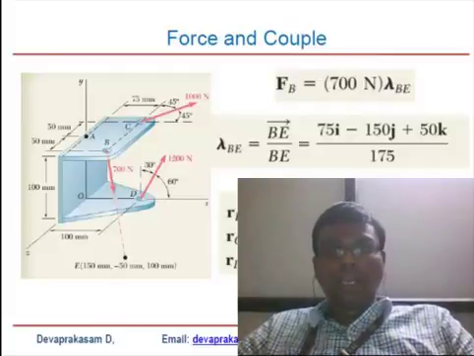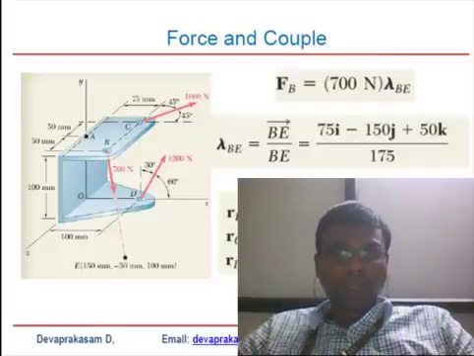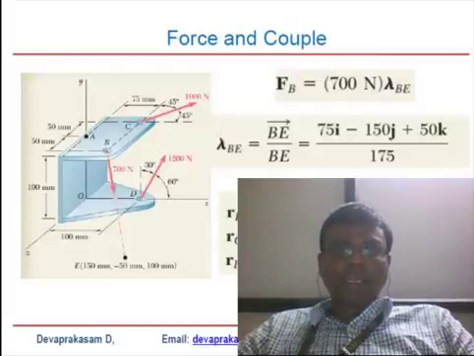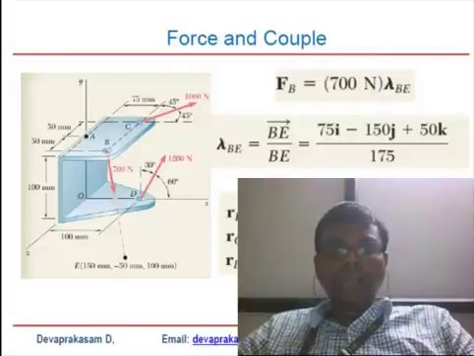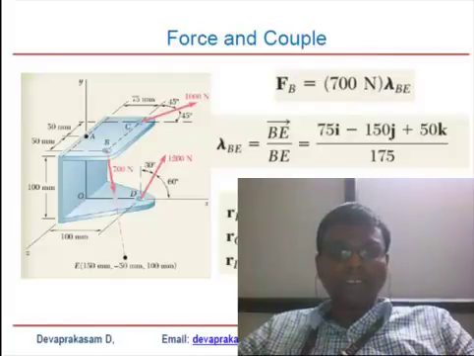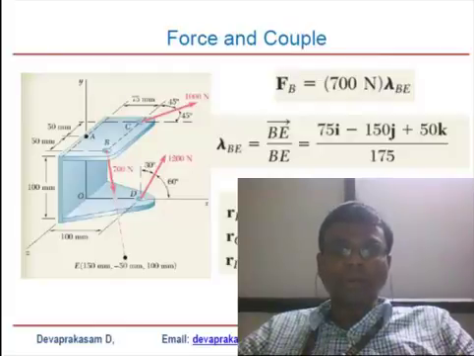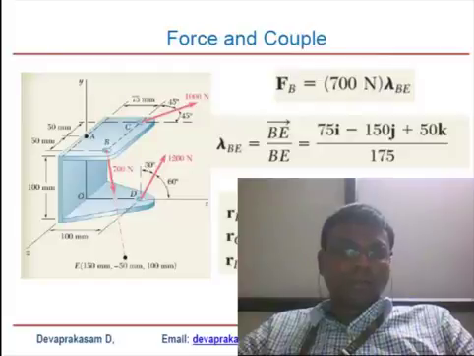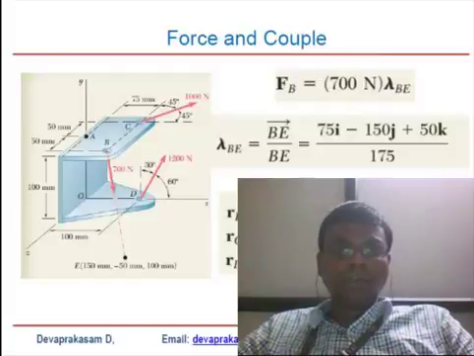Similarly, if you find the vectors AB, AC, AD, we will get these parameters, and the unit vector for each direction we can similarly find using the corresponding magnitude. The vector divided by the magnitude will give your unit vector in that direction.